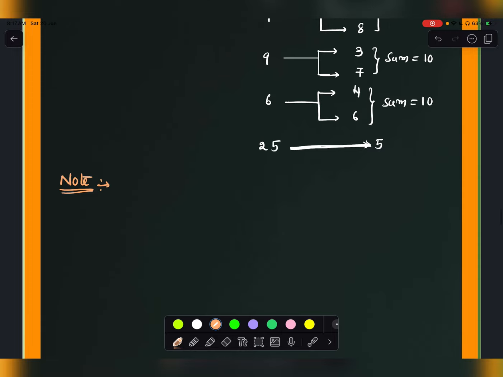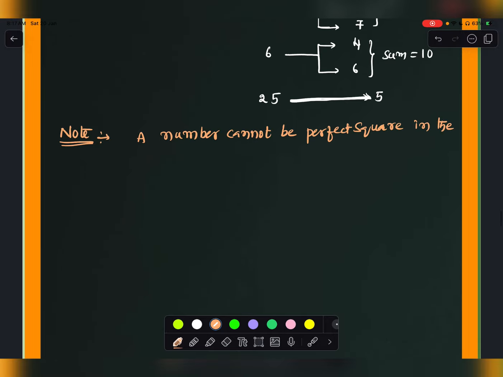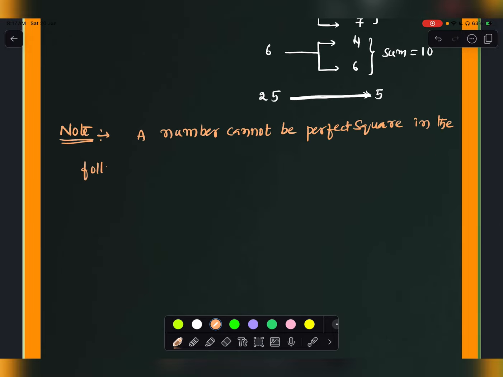A number cannot be a perfect square in the following cases.